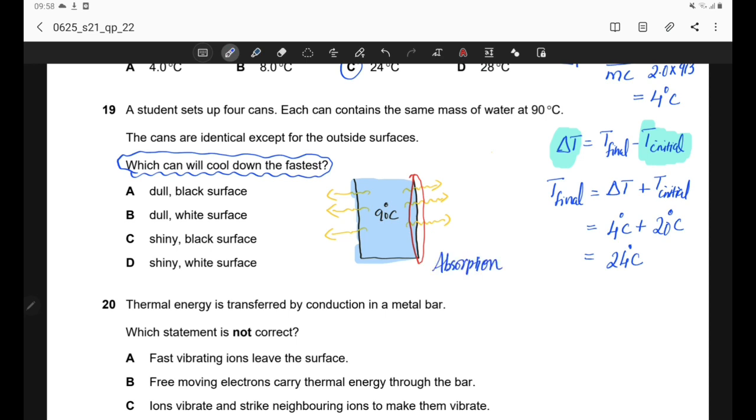So absorption of heat will be more for the dull and black surface. So the can with the dull and black surface will absorb the heat from the water, pass it through the material, and let it go out easily. Therefore option A, dull black surface, is the correct answer.